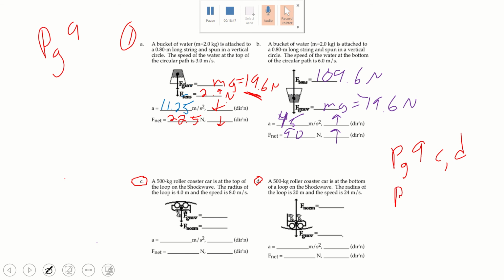So page 10, 2 problems there, E and F. And lastly, I would like you to do on page 11 this number 2. You can take a picture of that and attach it to where you turn in the assignment on Google Classroom. Please make sure you do all of that.